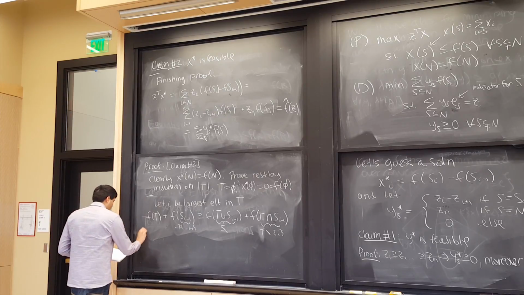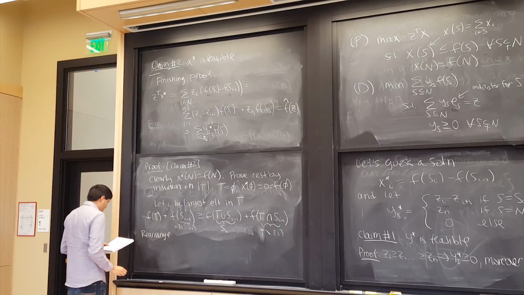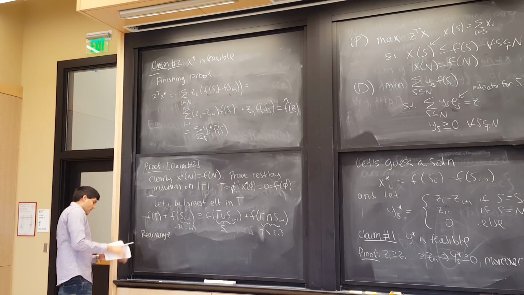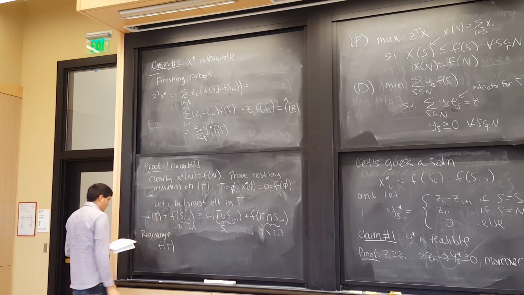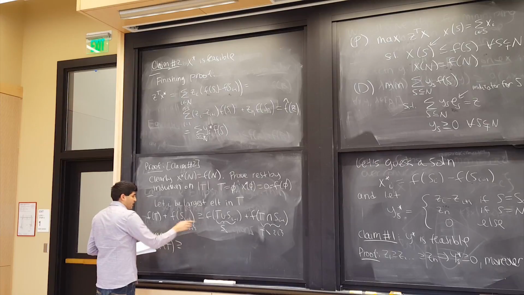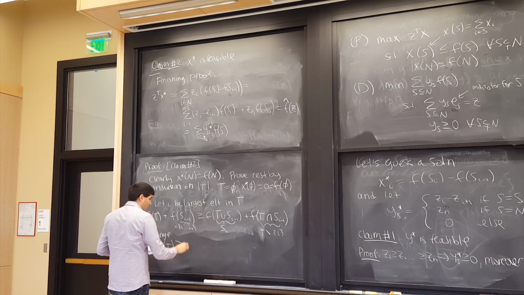So now let's rearrange. What I claim is by rearranging, we actually get f of T. I'm going to keep this guy over here. I'm going to pull this guy over to the other side, but in fact, I'm going to group it with this term.